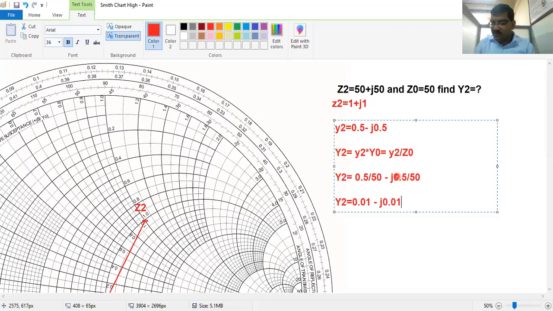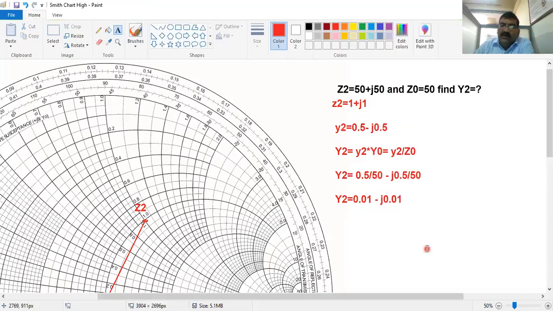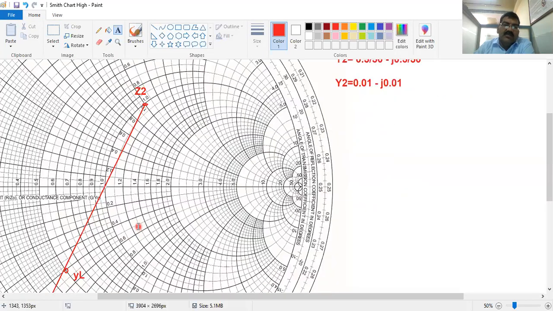Am I right? This is your answer. So this way, any value you can plot. You can plot any value and you can convert it. Simple procedure: plot the impedance, convert it.